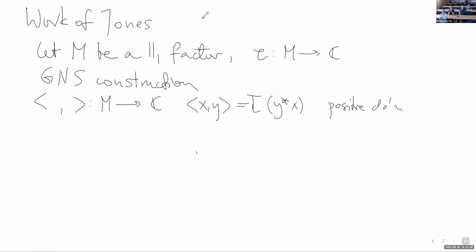It goes from M to R tensor M. Why this strange flip? What would be wrong with x star y? No, it doesn't matter, it's a trace. But the star is different.